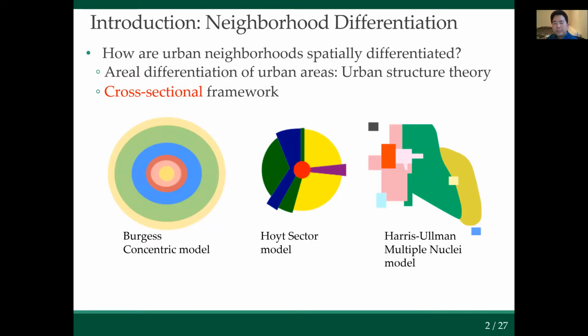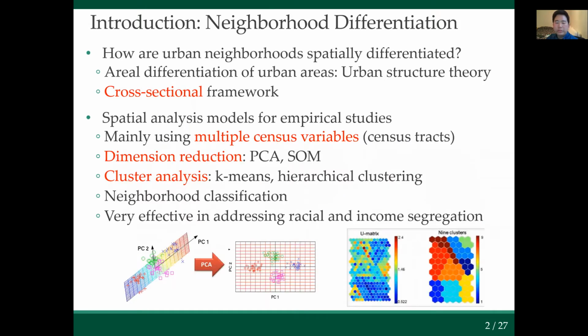Based on these ideas, empirical studies have tried to explain why and how cities are divided cross-sectionally in reality. Researchers mostly use census data, which is published every decade. To analyze the multidimensional complex data, dimension reduction techniques such as principal component analysis and self-organizing maps were used.